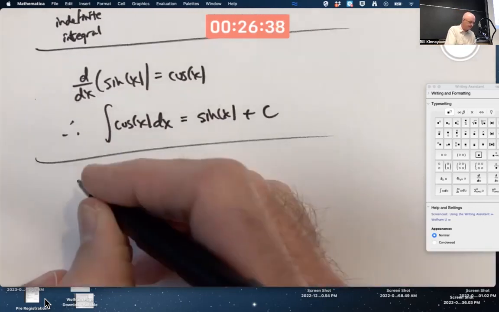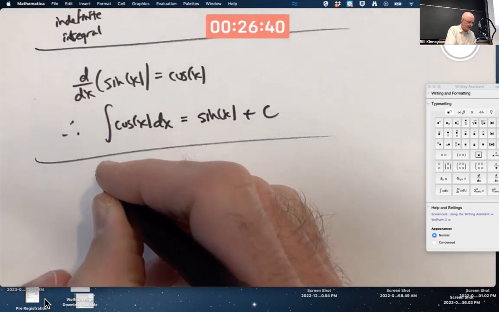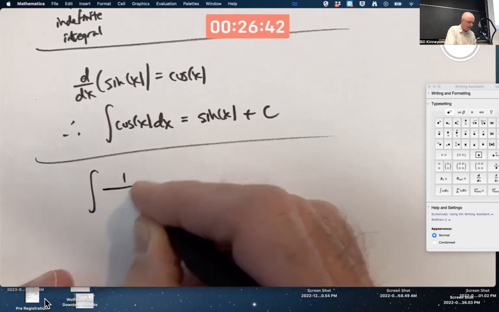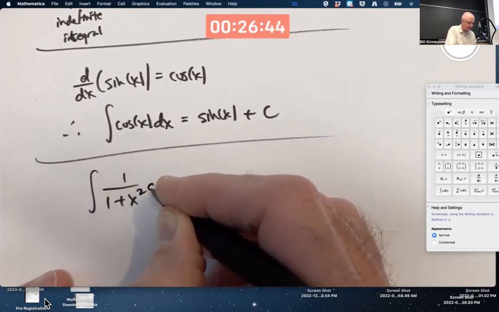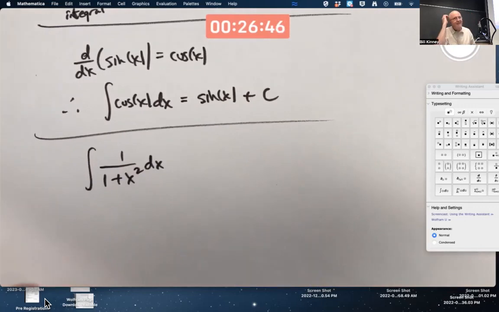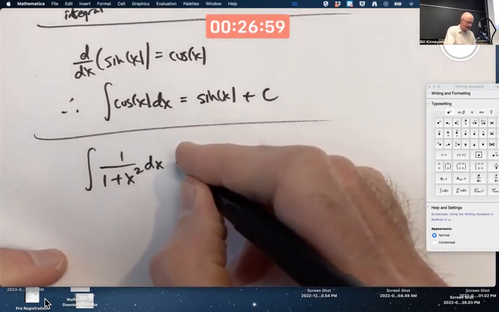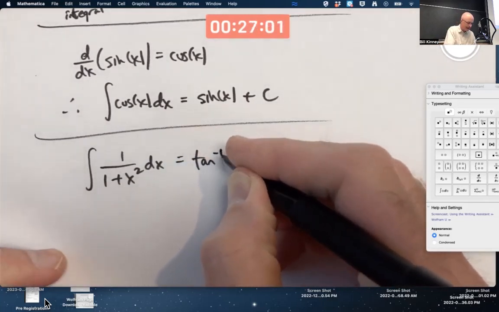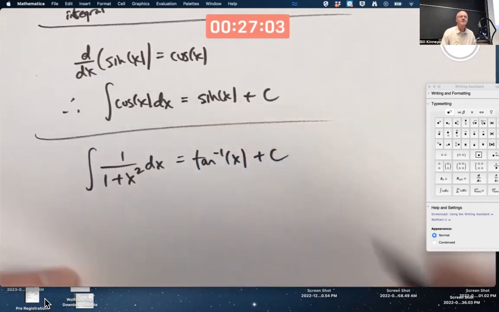More examples. Okay, let's just write down an integral. What's the integral of 1 over 1 plus x squared? I didn't write down any derivative fact, but you know some derivative facts. In fact, we just used one related to this 10 minutes ago. It's inverse tangent of x plus c.